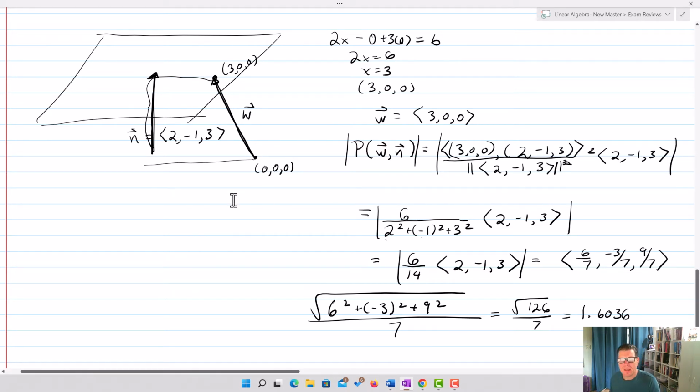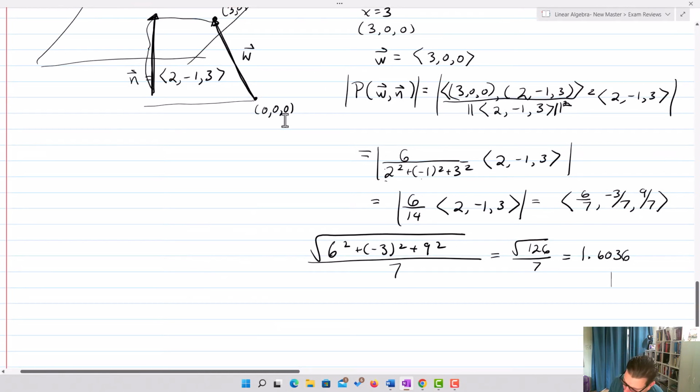If you want a formula for this, it's going to be the magnitude of the projection of W onto the normal N, and that is the distance from the point to the plane.